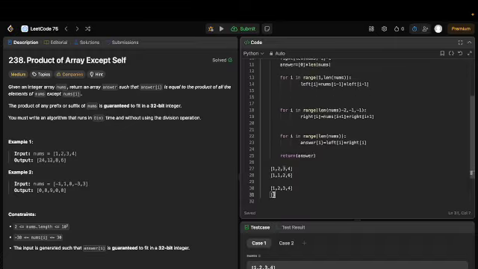So for the right array, we already know that our rightmost element is going to become 1. After that, we want to take 4 multiplied by 1 to give us 4. I'm going to fix the spacing as we come along. It's going to be a little messed up because some of the numbers are going to be bigger than 10, so it's not going to fit well.